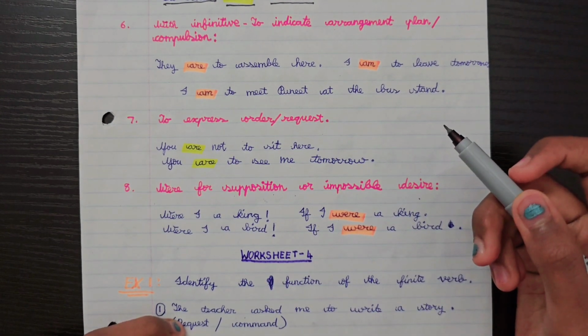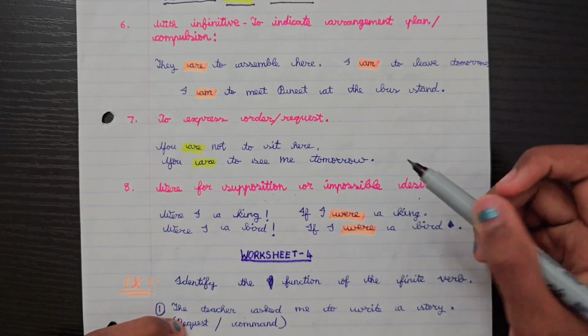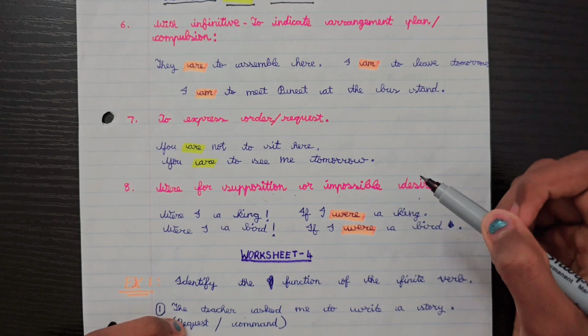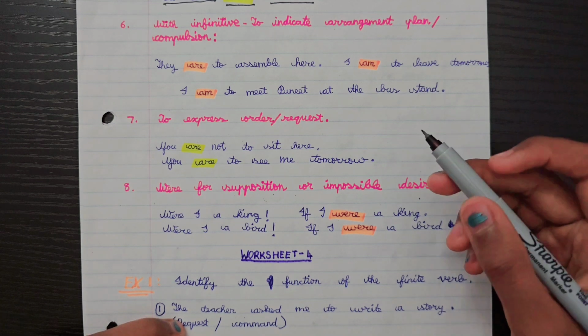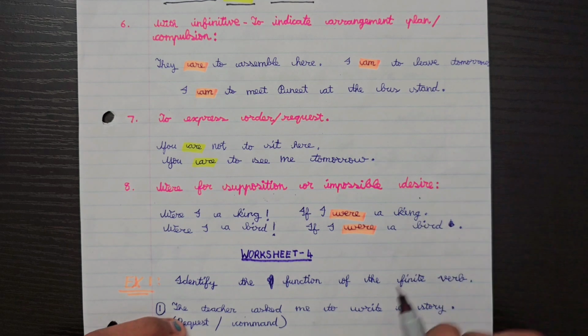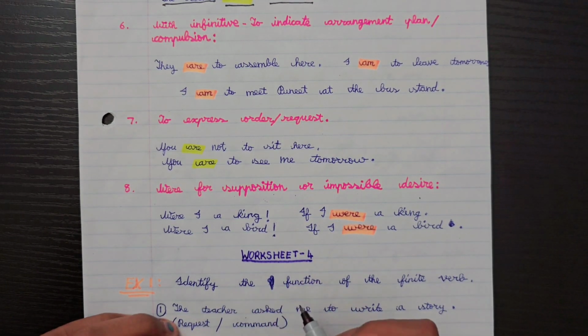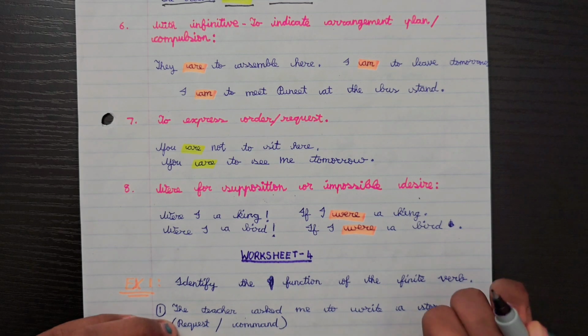Eighth function, were for supposition or impossible desire. Here you're using were for something that will never happen, like that's impossible. For example, were I a king, that's impossible, right?